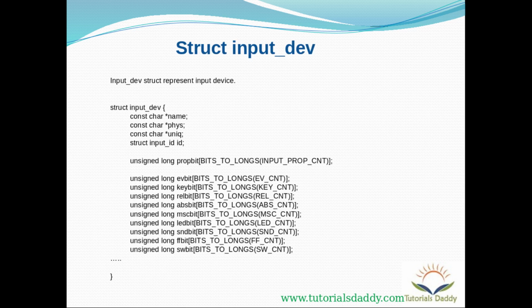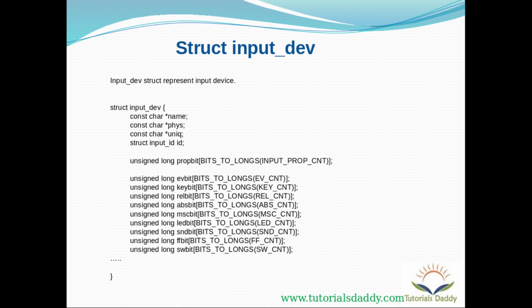Now we have the input dev structure, which is defined by the Linux kernel. In our input driver or touch panel driver, we have to allocate memory for this input device structure. This structure you have to fill with information like the name of your device, addresses, and the input ID.